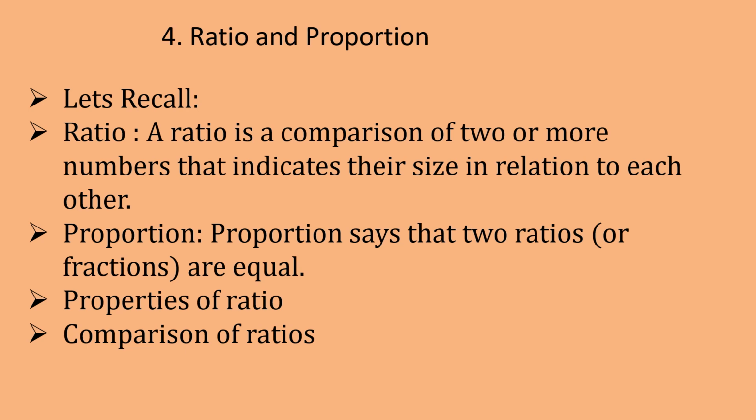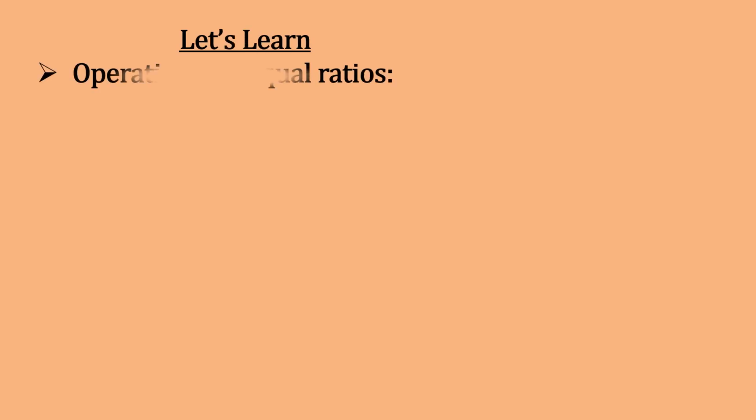Now today, students, we are going to learn about operations on equal ratios. In this exercise, we are going to use operations on equal ratios and solve our practice set 4.3. So let's see what are operations on equal ratios.